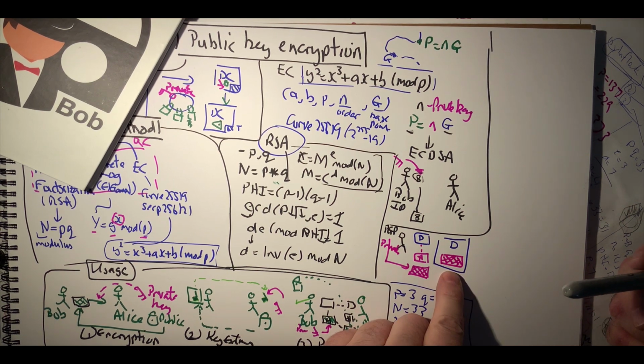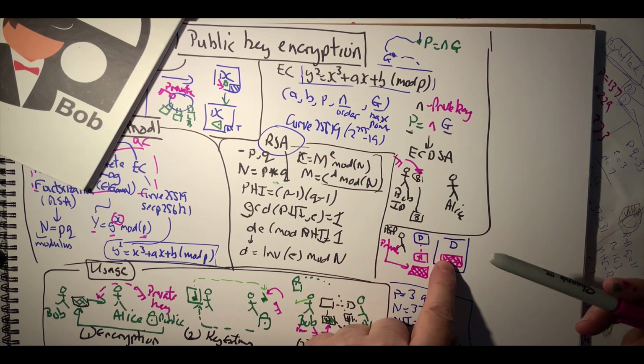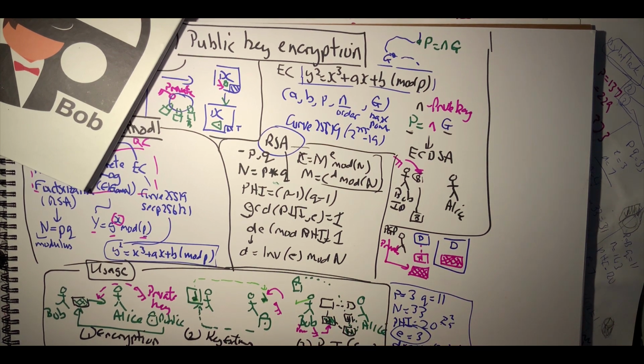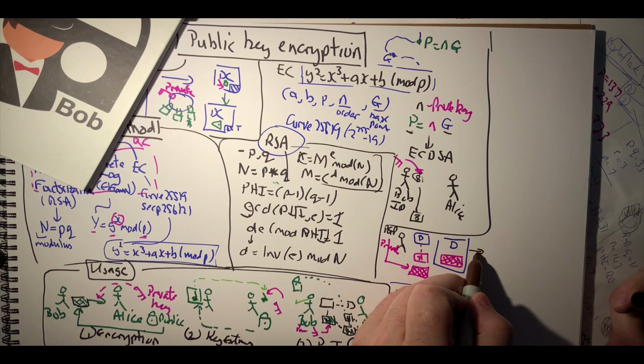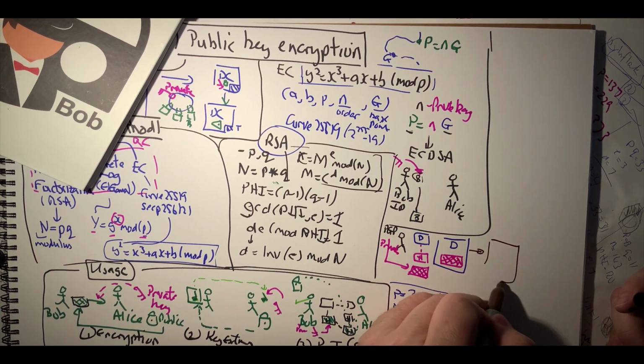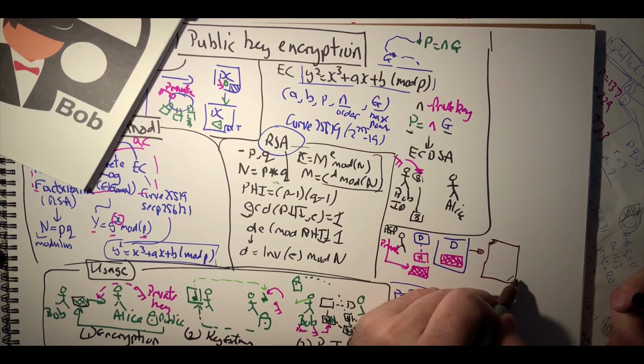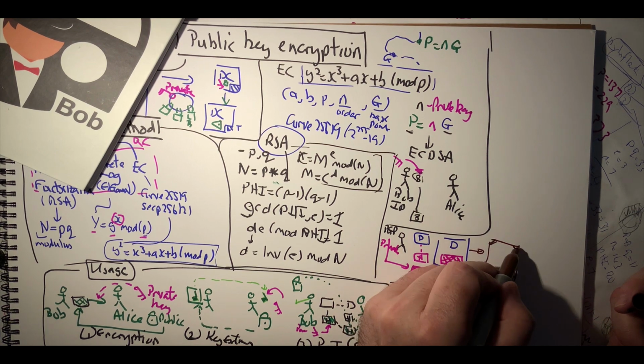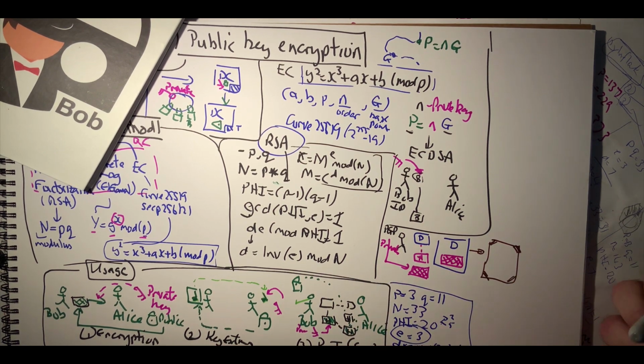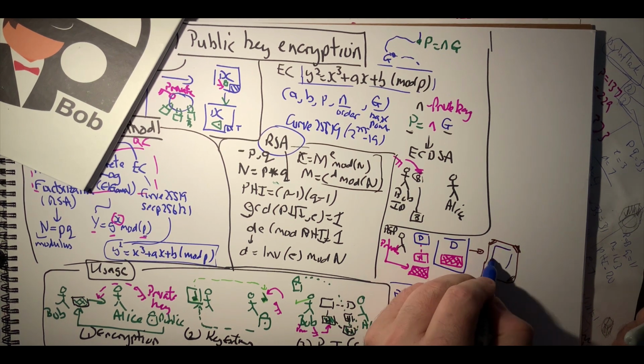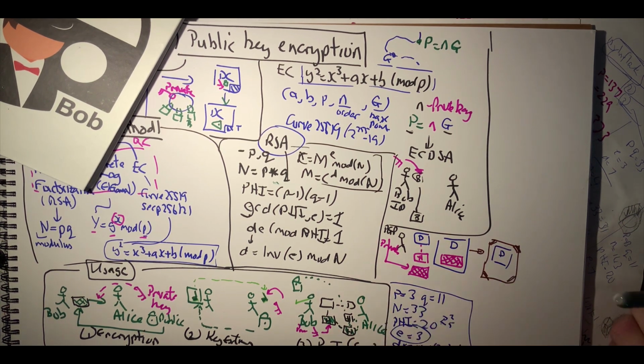And now this could be a large amount of data. So what we want to do is to encrypt this with symmetric key encryption. So this is our encryption here, and we have our data in there, and the encrypted hash.